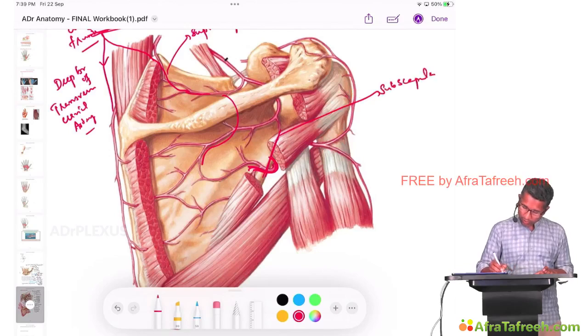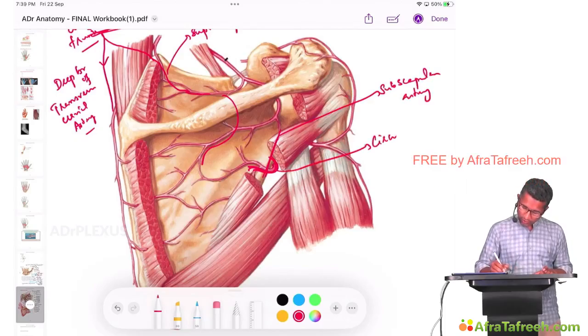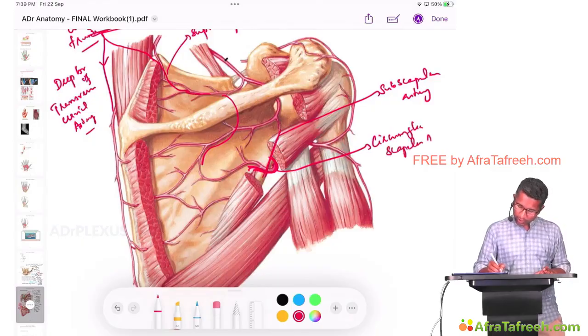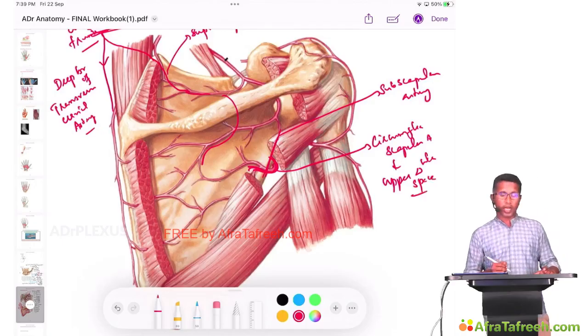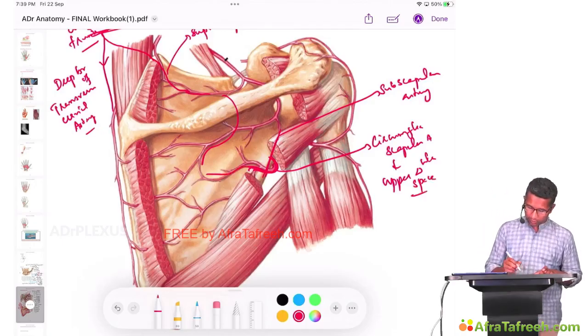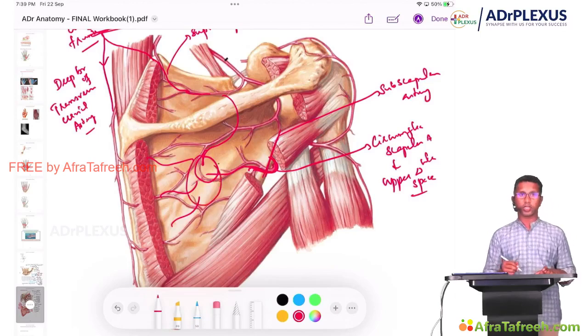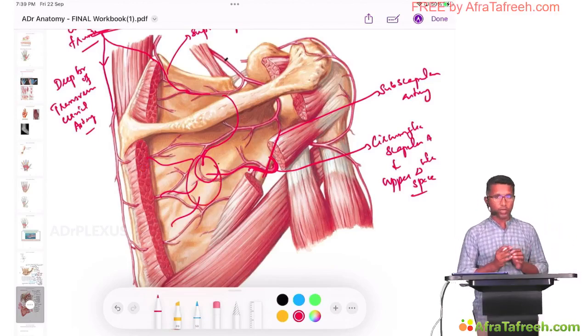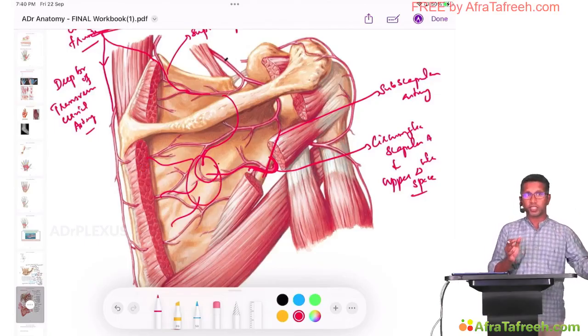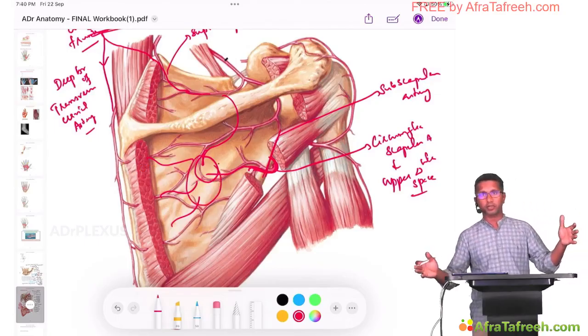This circumflex scapular artery passes through the upper triangular space, and it anastomoses with the suprascapular artery and with the deep branch of the transverse cervical artery. This anastomosis around the scapula is very, very important, because this is an anastomosis between the first part of the subclavian artery and the third part of the axillary artery.